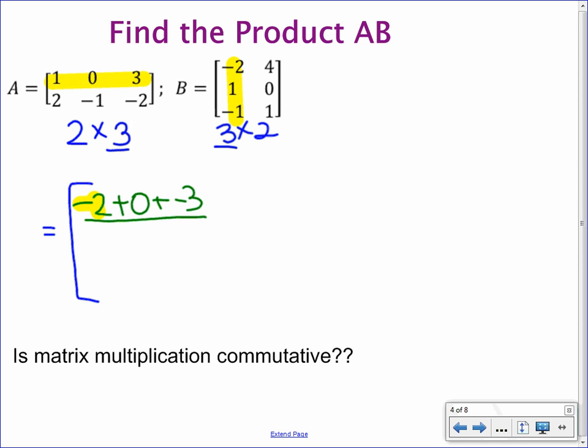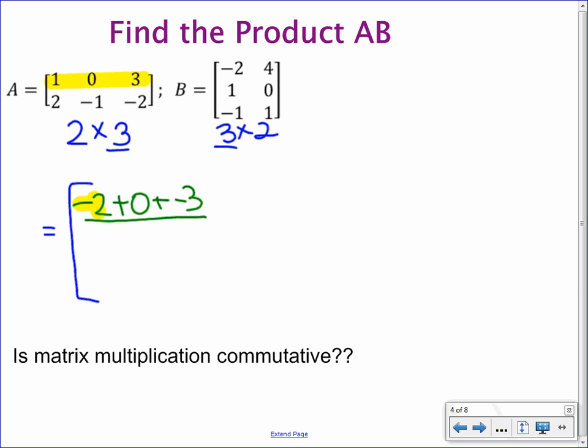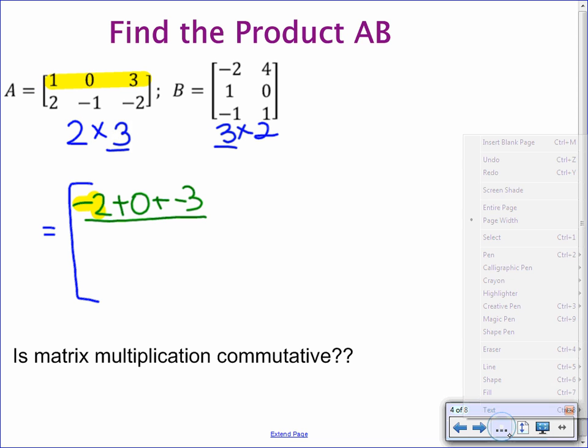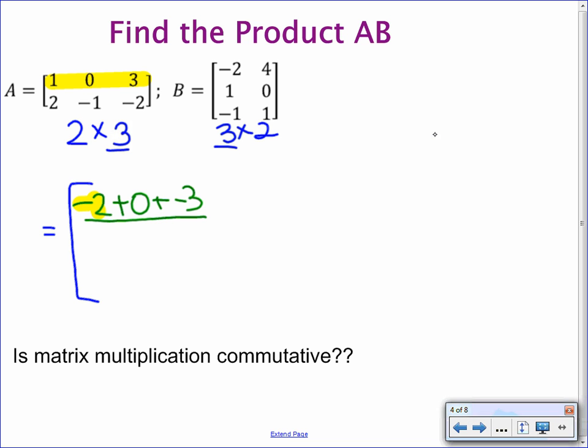Then we're going to go first row, second column. We're going to match these 3 numbers up over here. So we have 1 and 4, plus 0 and 0, plus 3 and 1. And that is our first row, second column.